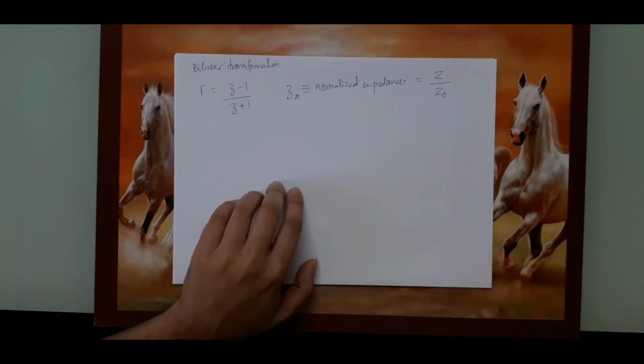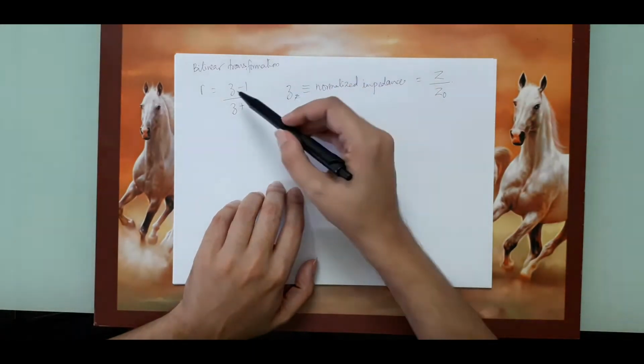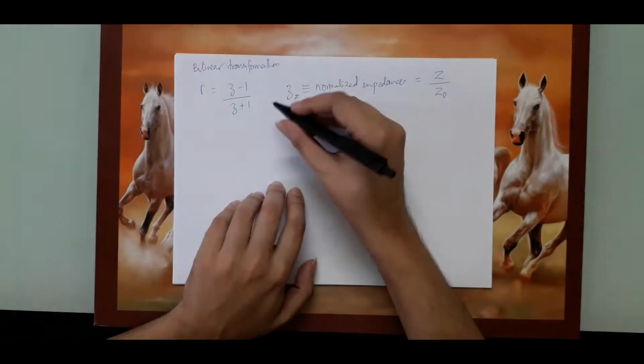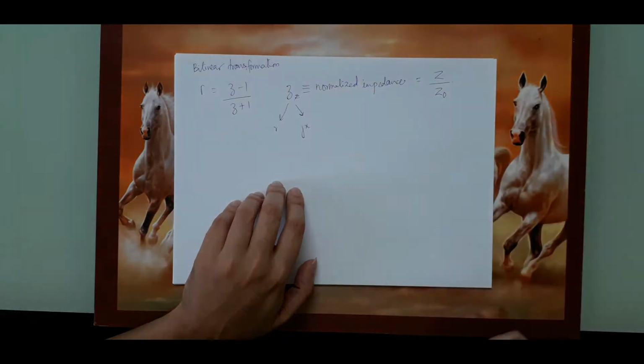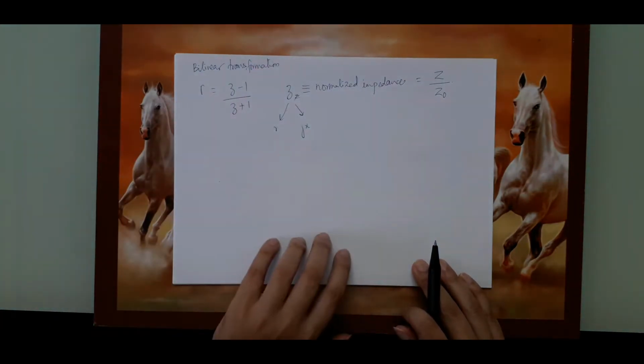So we saw that in general, since any normalized impedance can be a complex number, it may have a real part R and an imaginary part jX. So when you transform these on the gamma plane, they essentially become a family of circles.